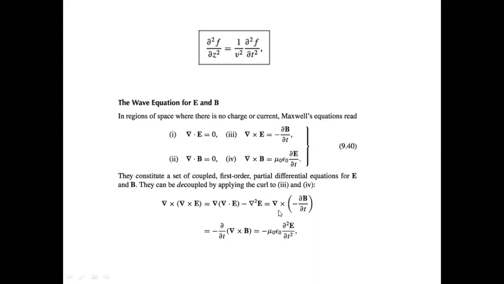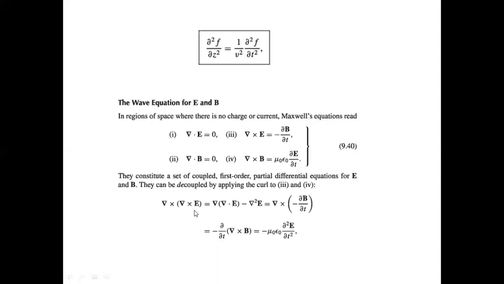And then what we do is we know that E can be written as, so this del cross E can now be written out. What is del cross E? Minus dB by dt. So we write this expression on the left as del cross minus dB by dt. Now we just take the del inside.